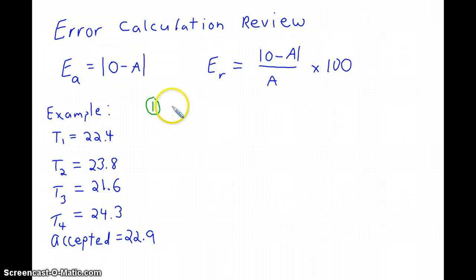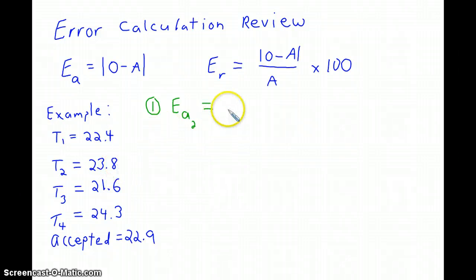So following the examples on your sheet given in class, we'll do example 1 together here, and it asks for the absolute error for trial 2, so we'll signify it like this with a subscript 2. And simply popping in the numbers, the observed is what you figured out through whatever type of trial you accomplished in the lab.